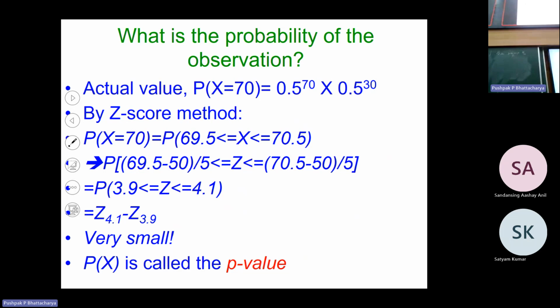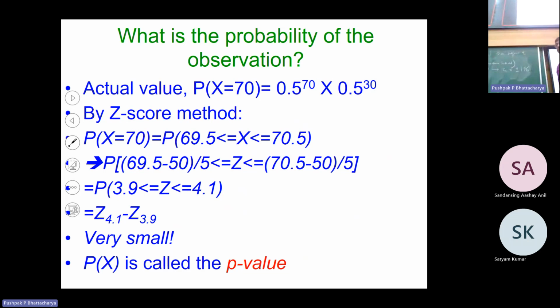Z critical is a function of the confidence interval. Okay. So we should have, of course, done the confidence interval estimate. We'll do this immediately. So if the confidence interval is 95%, then Z critical is equal to plus minus 1.96.